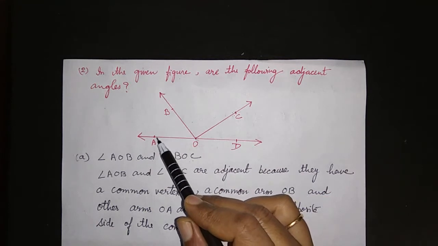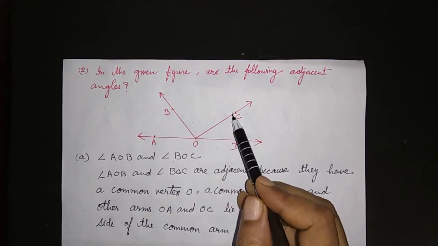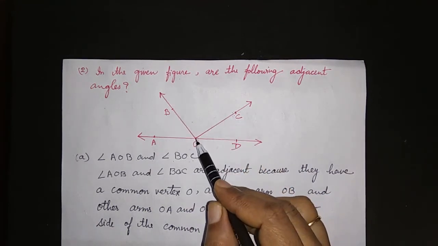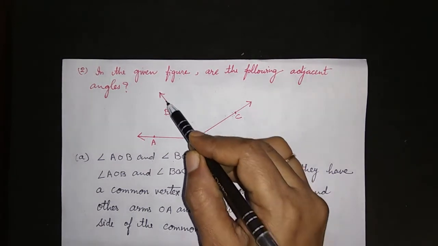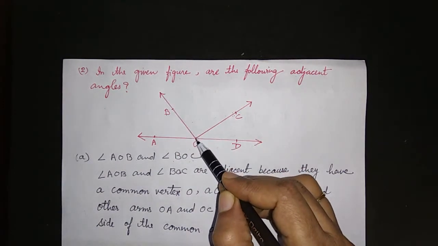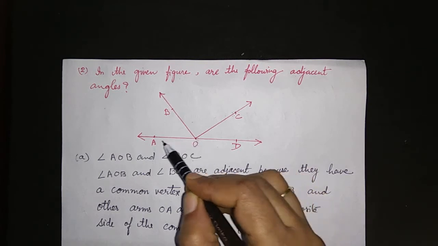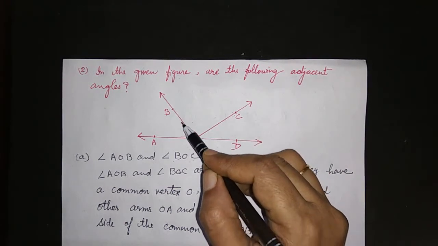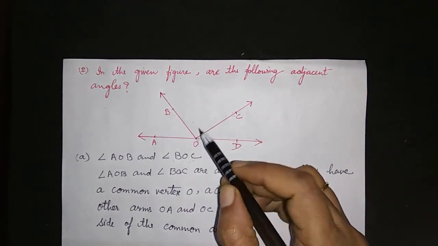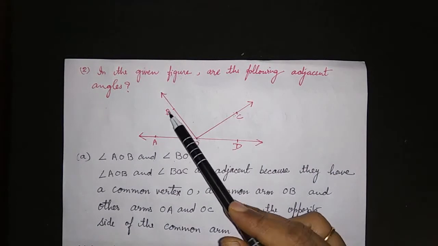Here angle AOB and BOC have a common vertex O and a common arm OB, and two non-common arms OA and OC, which are on either side of this common arm OB.